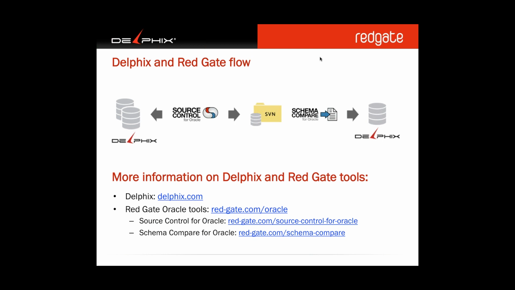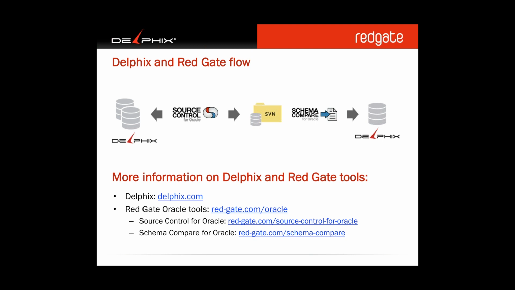So just as a quick summary to the flow of Delphix and Redgate. Through this demonstration, we created 3 databases using Delphix, so you could see how quickly they were to spin up, but you could obviously create multiple copies. We could create hundreds of copies of the database. Source control for Oracle then sits between the database and your source control repository, whether using Subversion or TFS, and enables you to source control and record those changes easily.